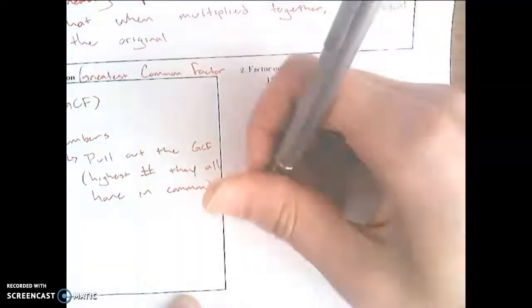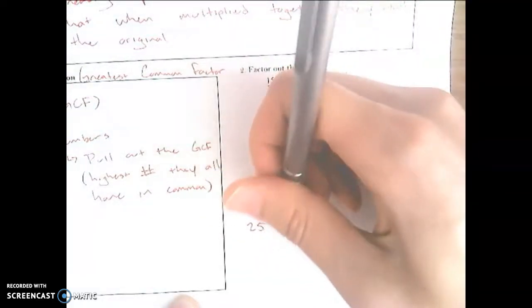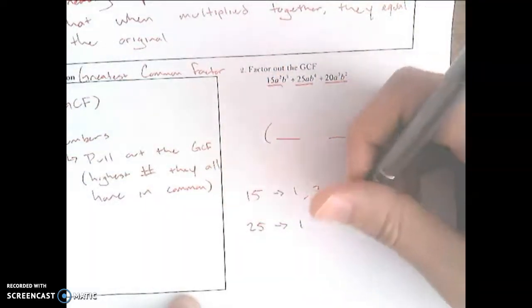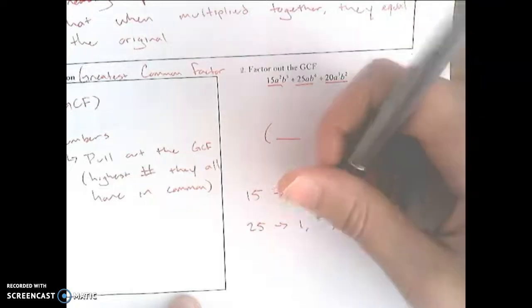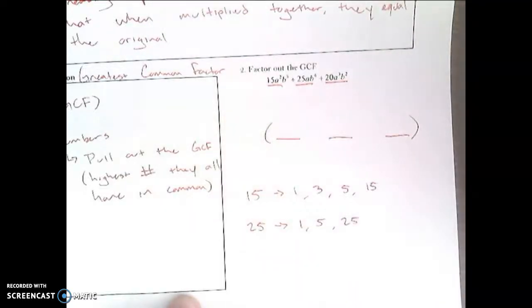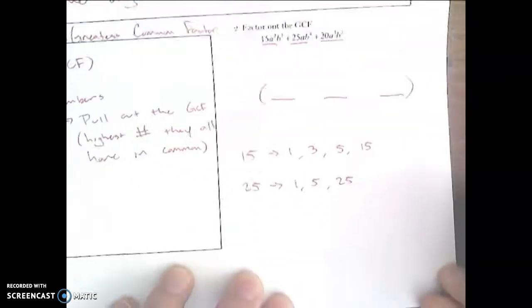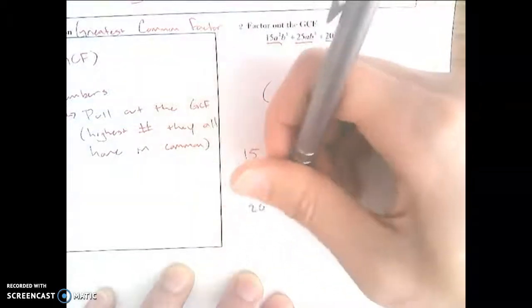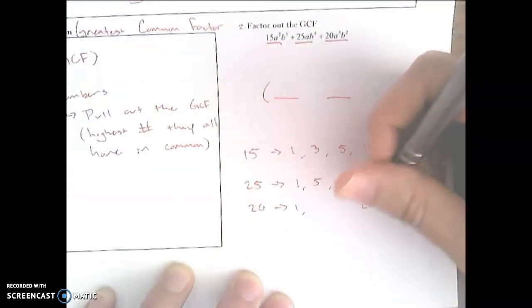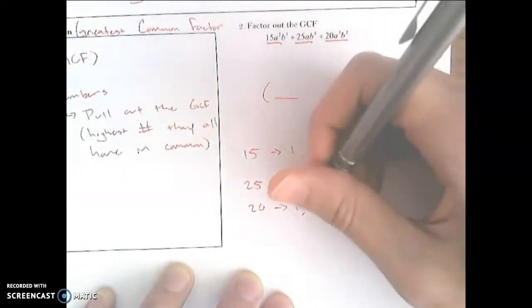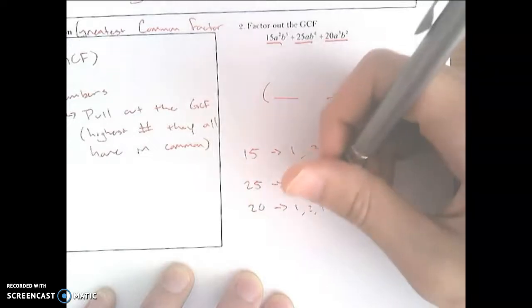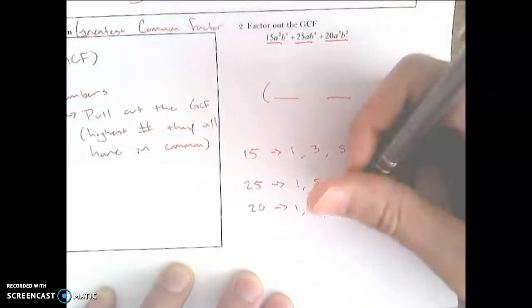What numbers multiply together to get to 25? We have 1 and 25, and 5 and 5. What numbers multiply together to get to 20? We have 1 and 20. We have 2 and 10. And we have 4 and 5.